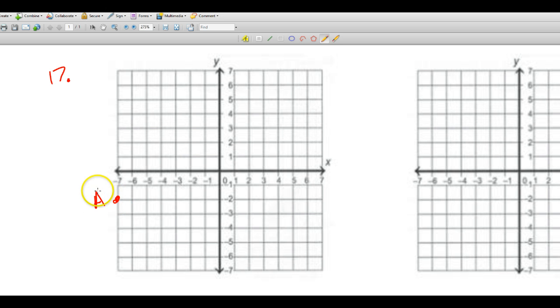B is -6, -6. C is -1, -1. D is -5, 0. Connect your vertices.